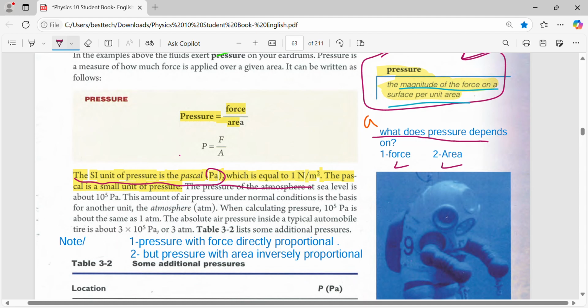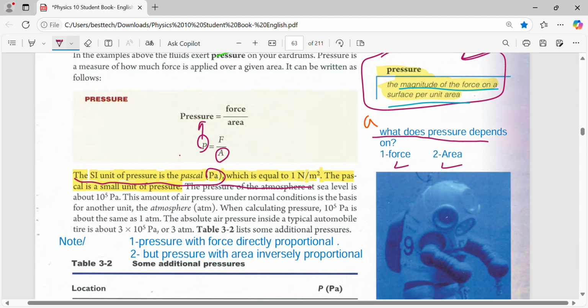How can pressure change with force, or with area? The relation of pressure with force is directly proportional. It means that if we have a large force, we get a large pressure. If we have a small force, we get a small pressure. But the relation between pressure and area is inversely proportional.